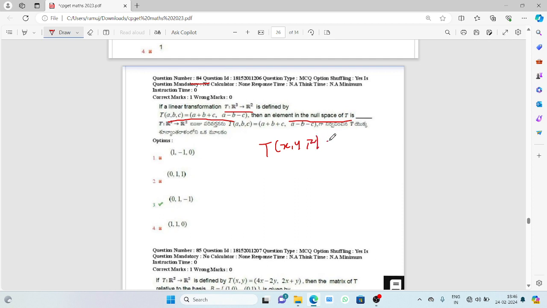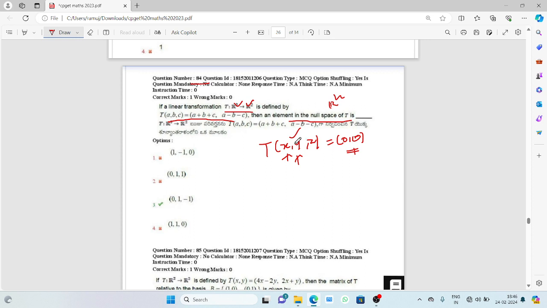If you apply the transformation to a vector, you should get (0, 0). Whatever the values of x, y and z, if they satisfy this condition, then we can say that vector is an element of the null space of T.